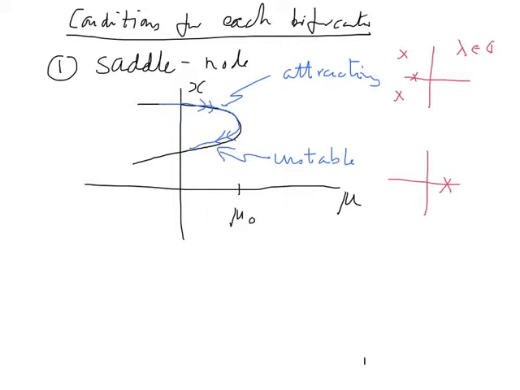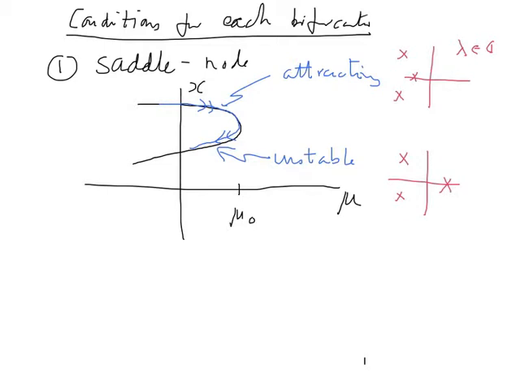We just imagine following this curve. As you follow the curve, you will see the eigenvalues of the linearization change, and as you go from the attracting to the unstable case, an eigenvalue has gone through zero.